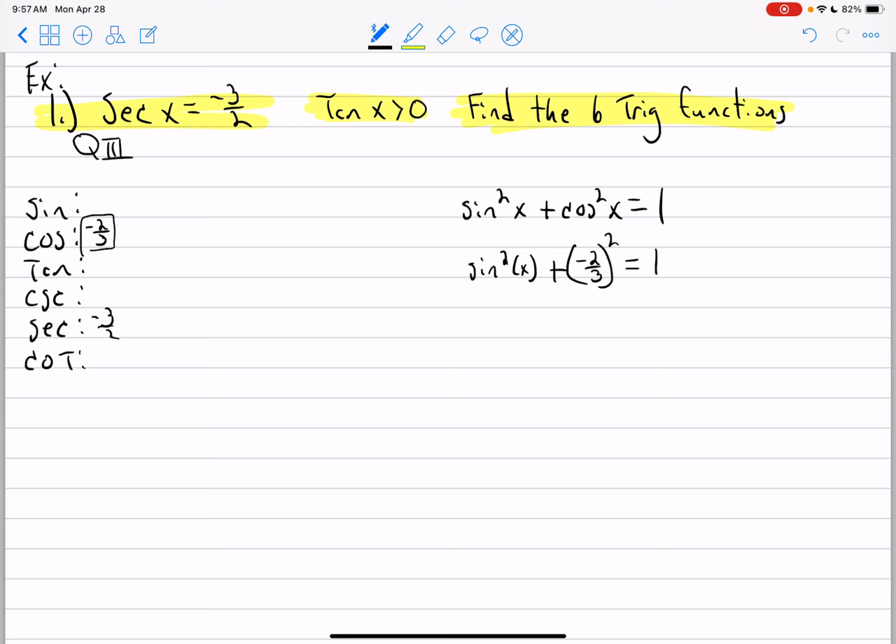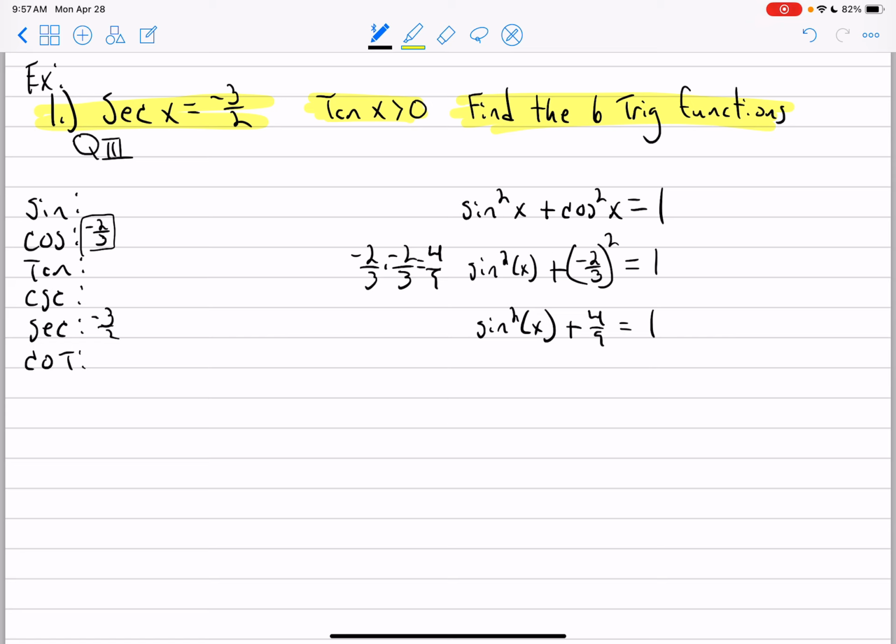So you see I'm just plugging this in. So I'm going to say sine squared of x plus negative 2/3 squared is what? Negative 2/3 times negative 2/3, which is 4/9, plus 4/9 should equal 1.